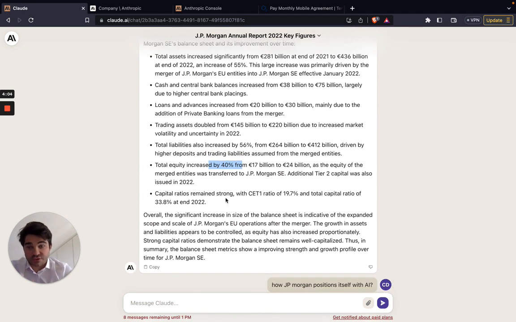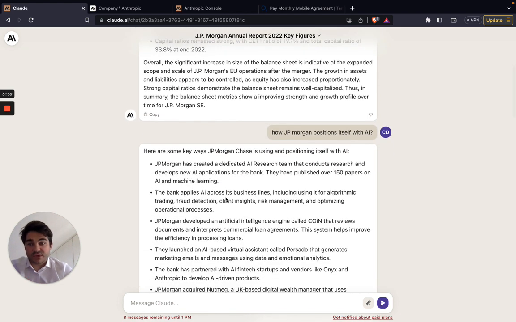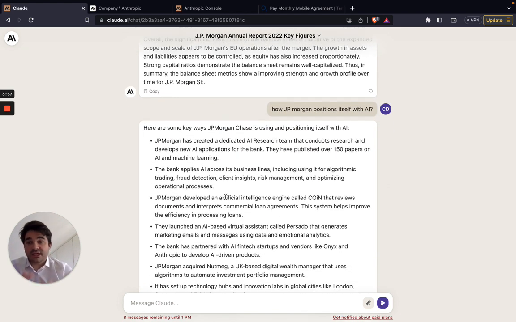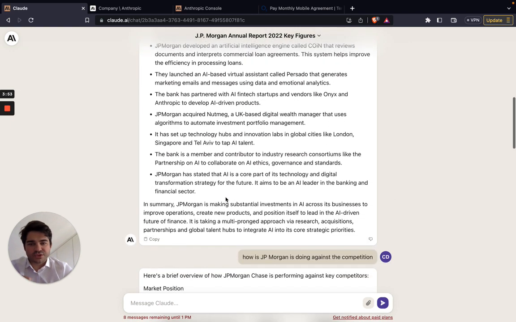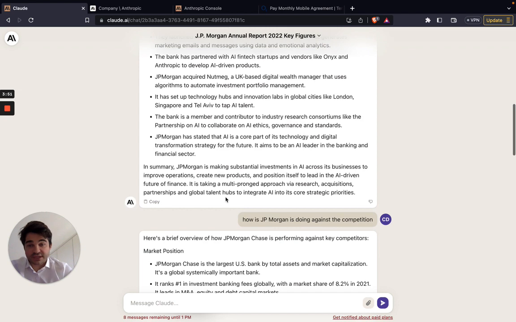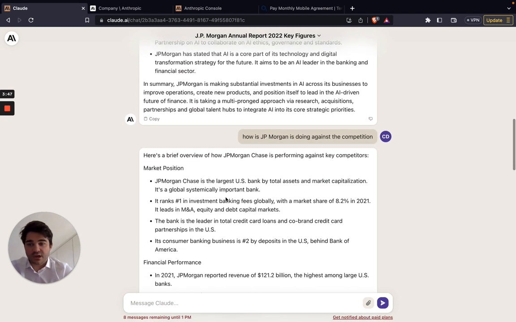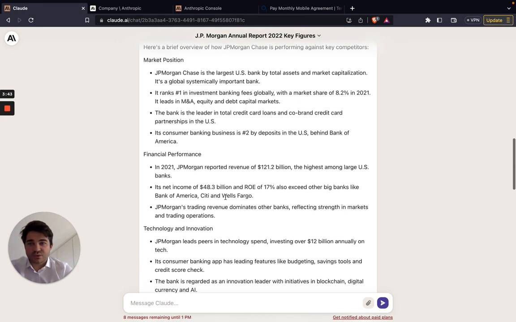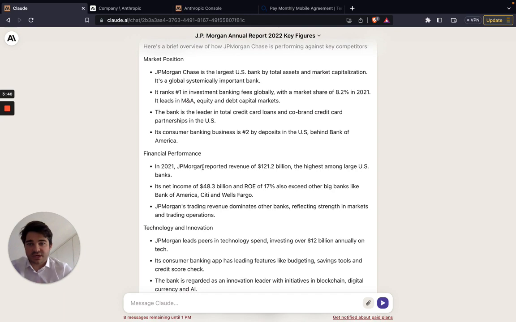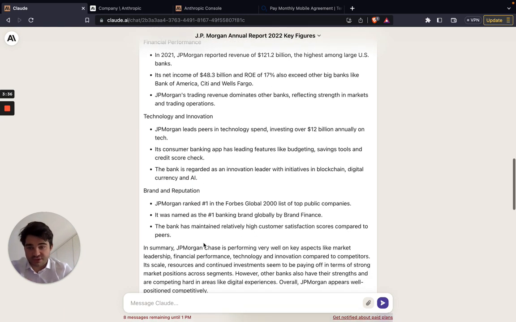As you can see here, liabilities increased by 50%, but assets increased by 55, total equity increased by 40%, with some capital ratios. You can also ask how JPMorgan positions itself with AI, and it will look at the whole document and come back with bullet points. Another question I asked is, how is JPMorgan doing against the competition? Again, it looks into the different pages, and it came up with a few key subjects: market position, financial performance, technology innovation, brand and reputation.